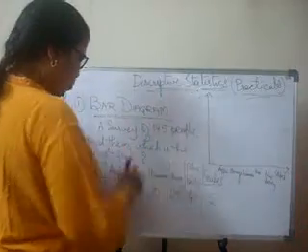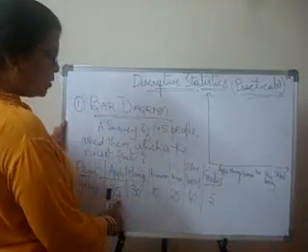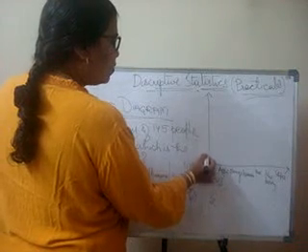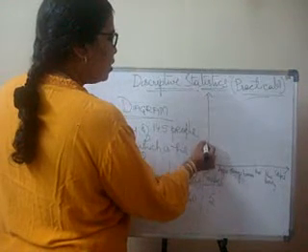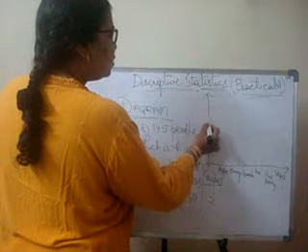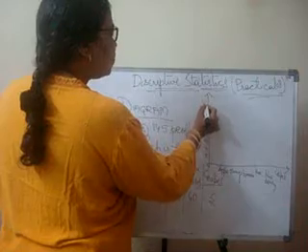Now the frequency, what is the least number? We have 5 and the highest number is 40. So 0 is the origin, 5, 10, 15, 20, 25, 30, 35, 40.